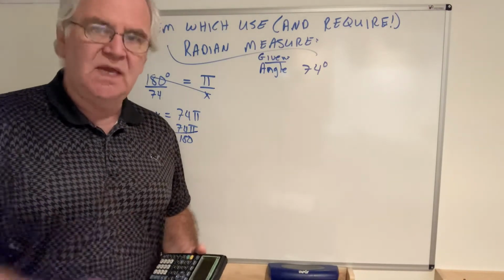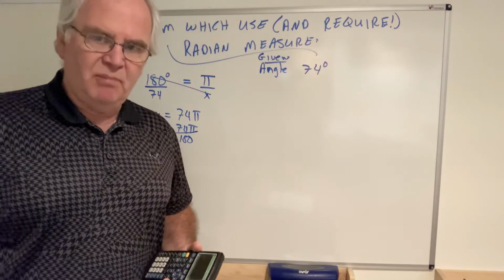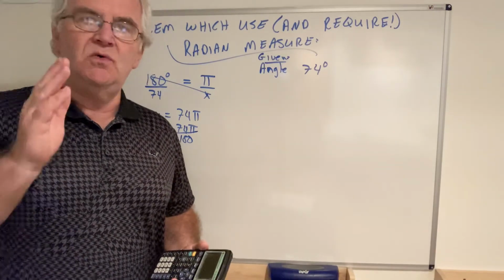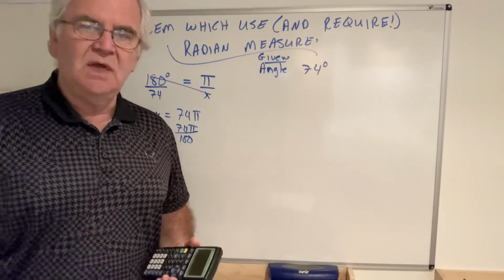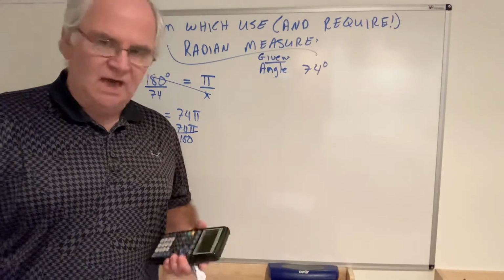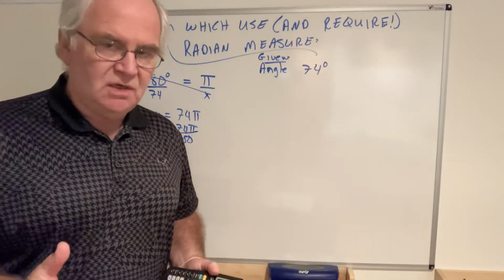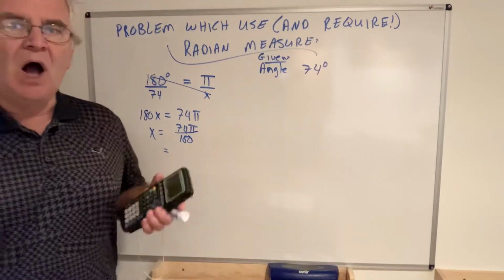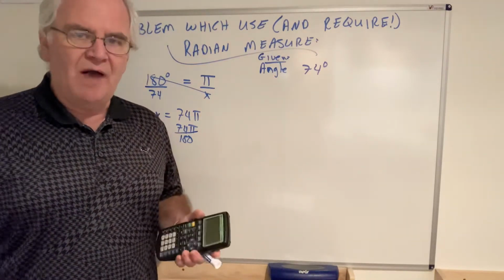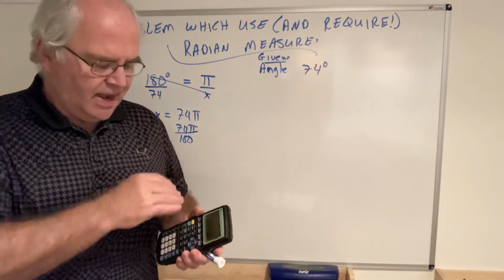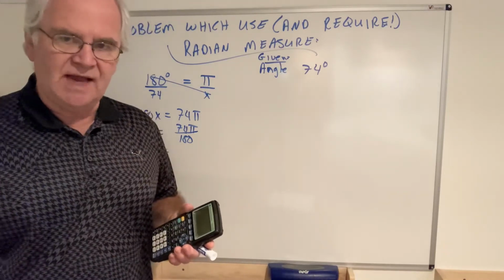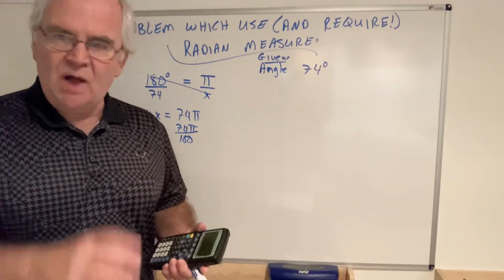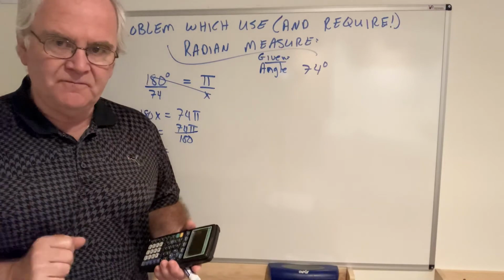For this course, do not simply use 3.14. That's not the value of pi. It's an approximation. On your machine, you have a button which gives you pi, and the decimal string is exact. So find that however you need to on your machine.